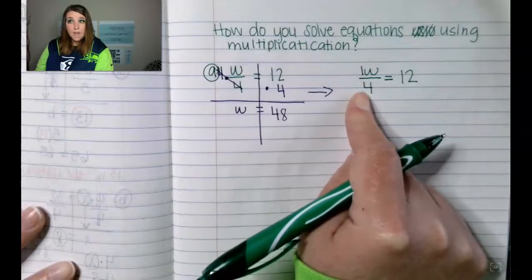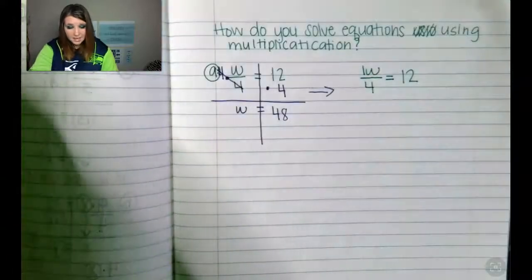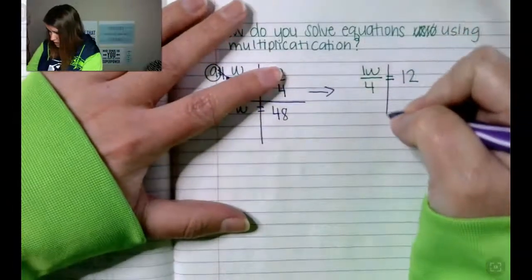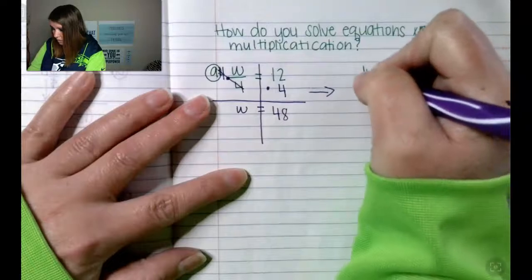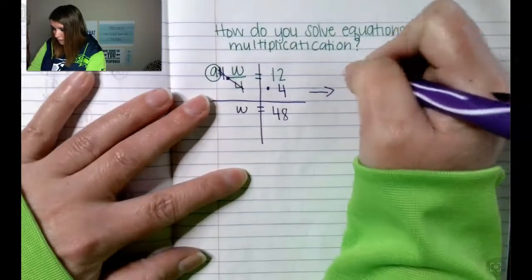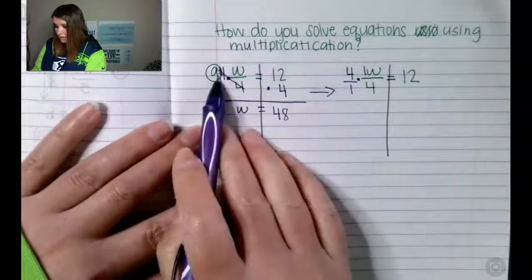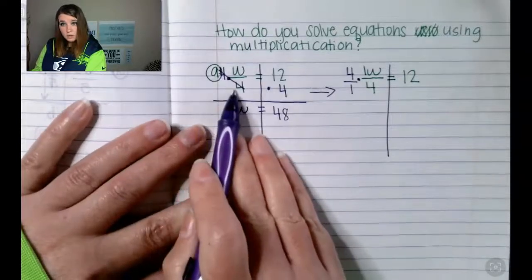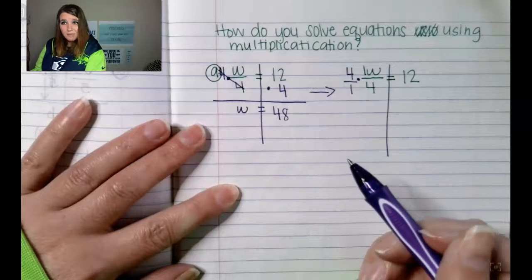How do I get a whole? Well, I can get a whole by multiplying my 1/4 by 4 over 1. There's my 4, multiplying by 4. It's the same thing.